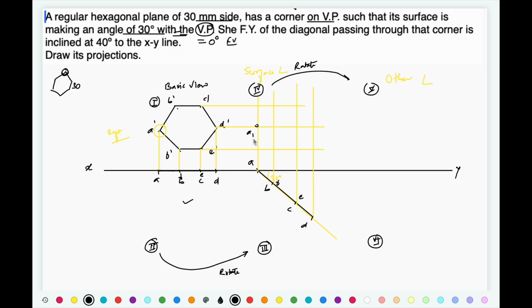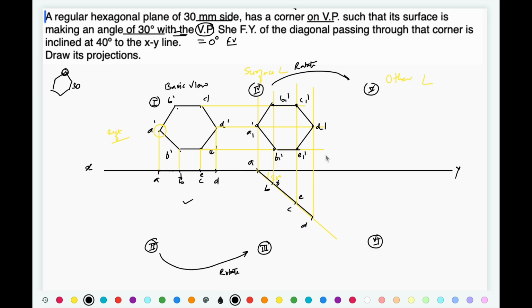So this is A1 dash, B1 dash, C1 dash, D1 dash, E1 dash, F1 dash. Nomenclature is going to be changed because those two front views are going to differ from each other.